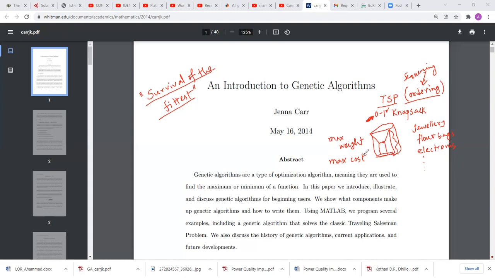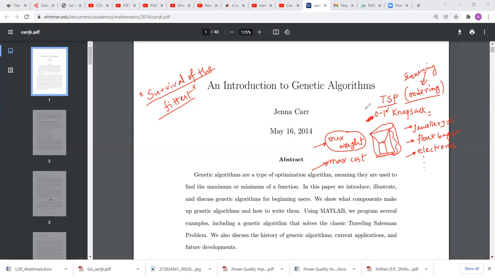So now he has to decide whether he will go for jewelry, how much of that he can take, whether he will go for flower bags, what is the cost in the market when he goes for selling it in the outside market, which electronic equipment he is going to take, and of course he has to keep in mind that he has a maximum weight. So he cannot go beyond the weight, and he is looking for some maximum output out of his stealing project. This is the 0-1 knapsack problem.